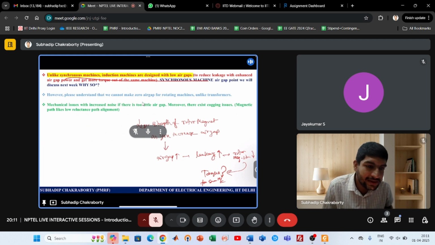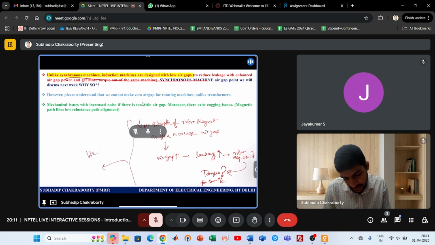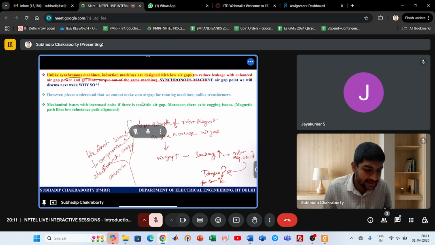So you are compromising on the electromechanical energy conversion, and we don't want to compromise on that. That is a design principle, but mechanical constraints are also there, that we cannot increase the friction and windage losses too much.